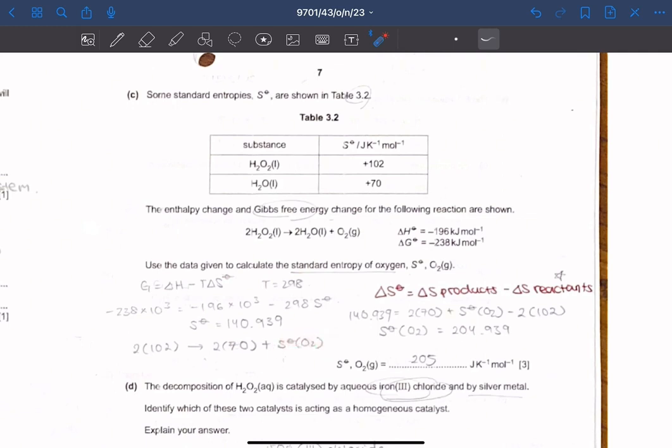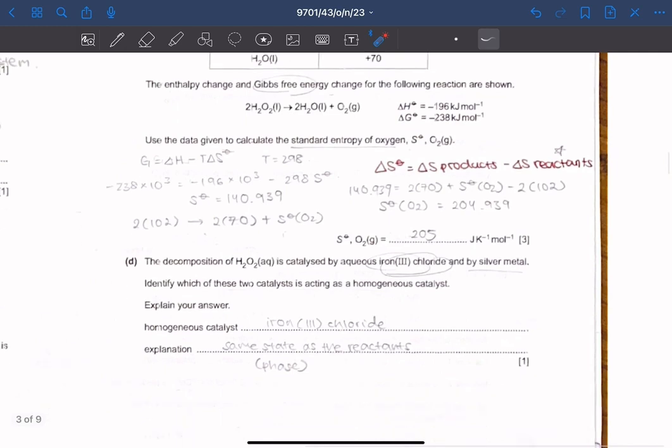So the change in entropy, 140.939, is equal to products, 270 plus entropy of oxygen, minus the entropy of reactants, which is 102. Then I calculate, reorder the equation, then entropy of oxygen becomes 204.939 or round it up to 205, 3SF.